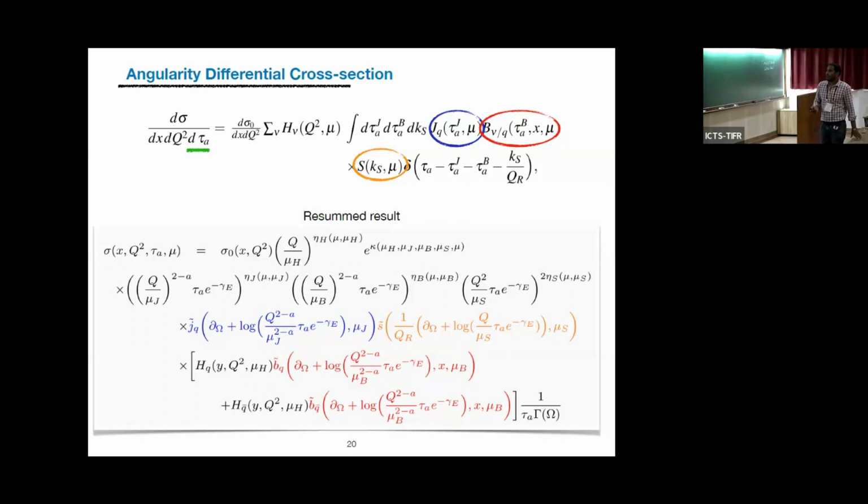This part is the jet function, which has the large log dependencies. This is the soft part. This line contains the factors coming out after the resummation from the anomalous dimensions, which give us the convergence of the large logs.